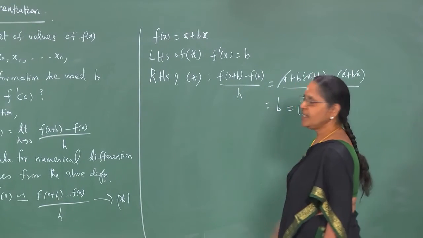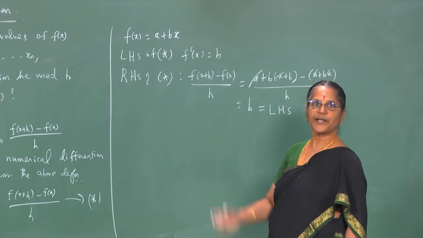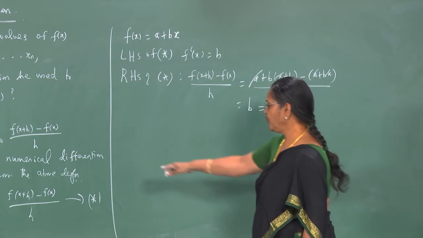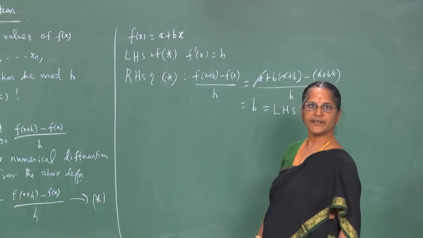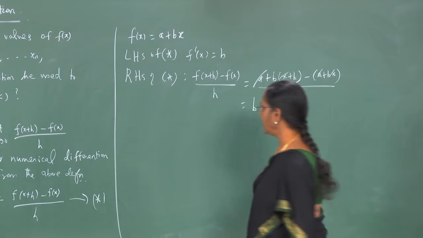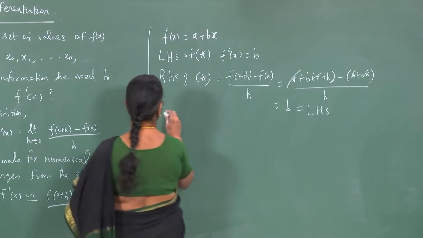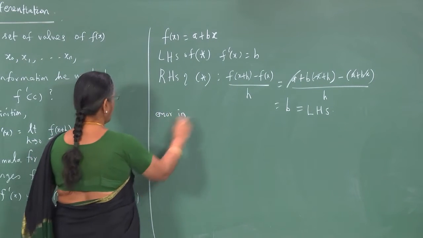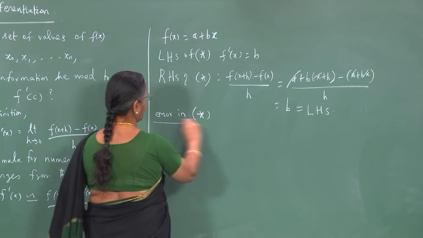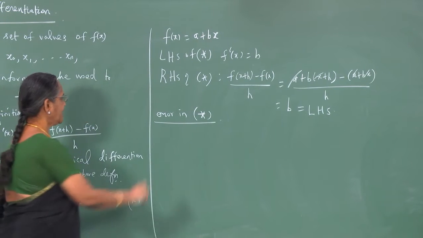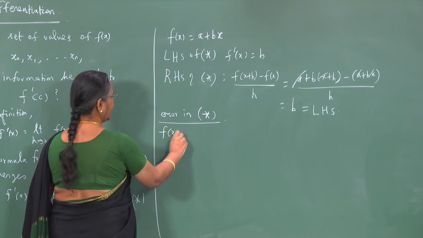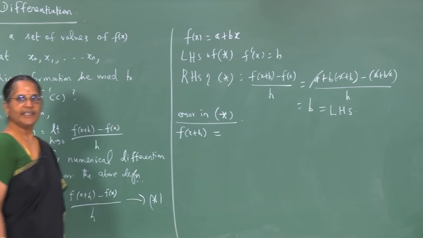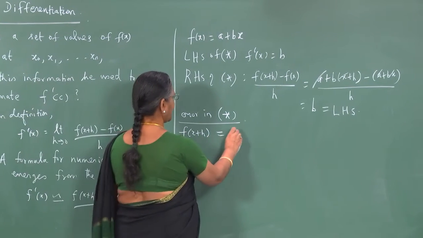So, we would like to see the expression for the error that is incurred when we use star to estimate the derivative of a function. So, let us compute the error in this approximation star. To do that, let us evaluate f at x plus h. Use Taylor series expansion.